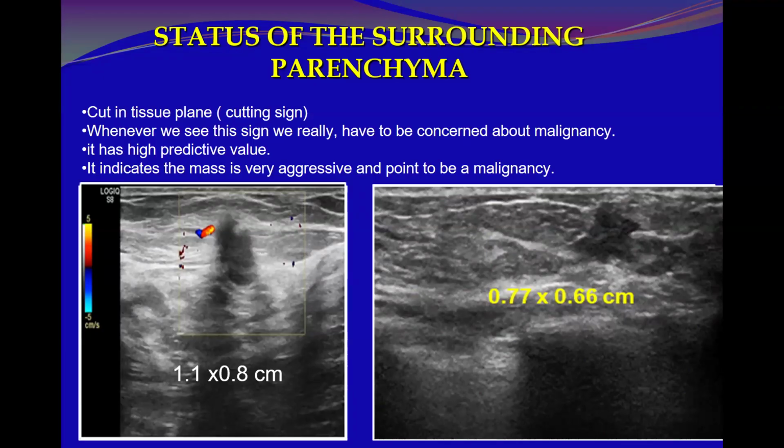At first glance, it seemed to be an oval hypoechoic mass, but when sweeping around the margin, I could appreciate a small area of cutting through the tissue plane. At that time, we call it a cutting sign, okay? And according to this sign, I reported it as highly suspicious of malignancy, and it was proven to be an invasive duct carcinoma, okay?